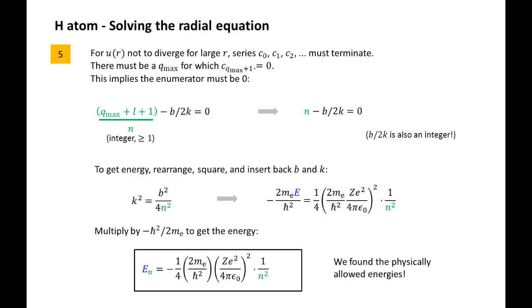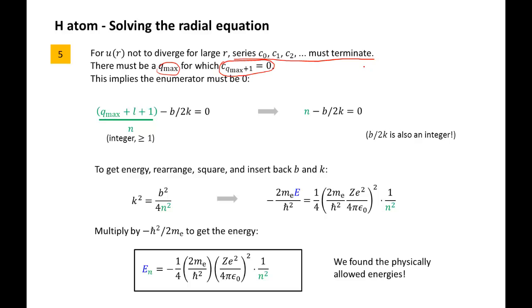Well, any polynomial that has an infinite number of coefficients, in this example, will diverge. So the thing we have to require is that the series C0, C1, C2 must terminate. In other words, there must be some maximal q value for which the coefficients Qmax plus 1 and above are 0.